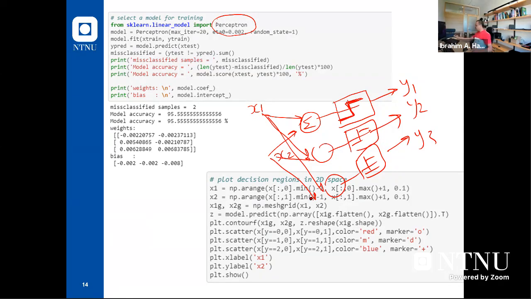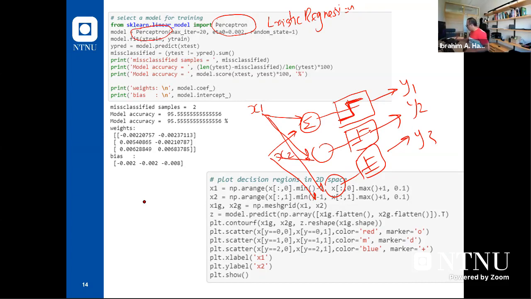So we did it using a perceptron. Can we do it using logistic regression? Yes, why not? We'll just replace the perceptron with logistic regression. We can repeat the problem one more time exactly the same, but instead of using a perceptron, you change it into logistic regression. What is the difference?